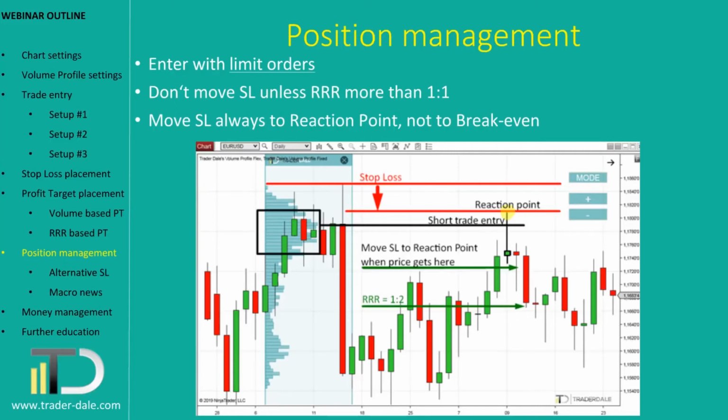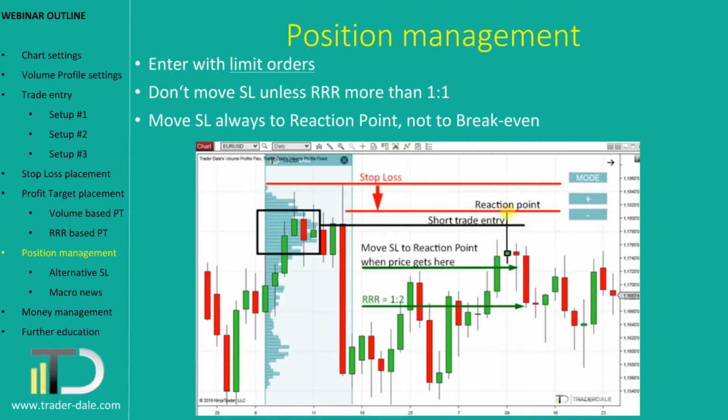I have a hard stop loss, a hard take profit, so it's either win or lose situation. But when you trade with positive risk-reward ratio, for example risk-reward ratio 2, then you want to move your stop loss to secure your position at some point.